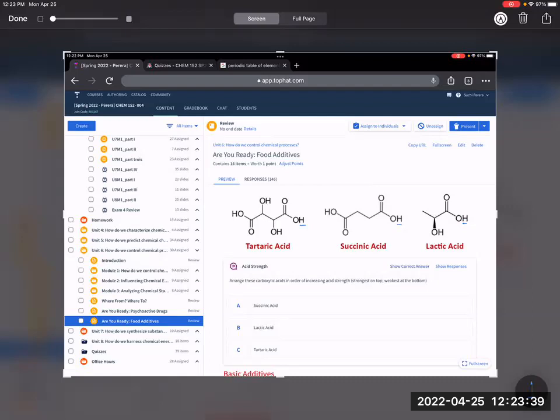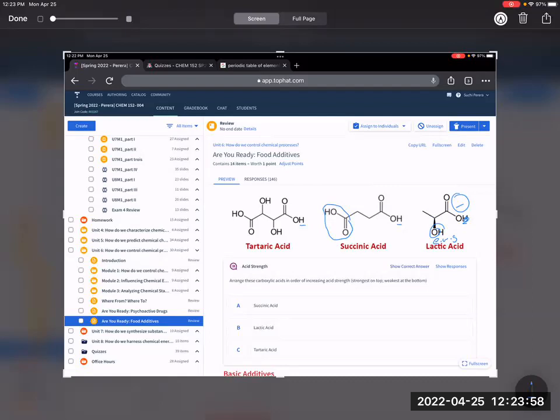Okay, so for lactic acid, we have an electron withdrawing group, which is going to stabilize the negative charge once it is formed here. And when it comes to succinic acid, this electron withdrawing group is far away, I would say, but it's still there.